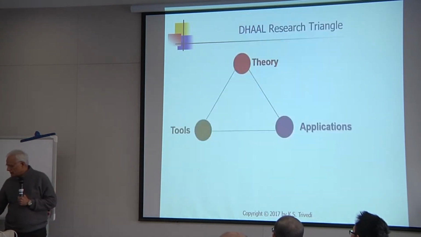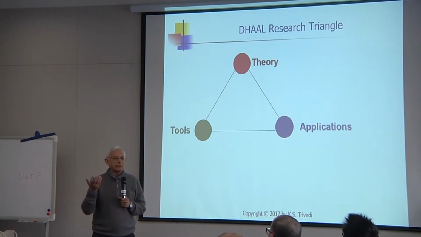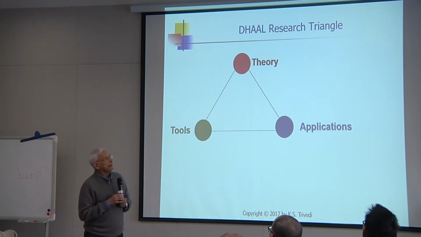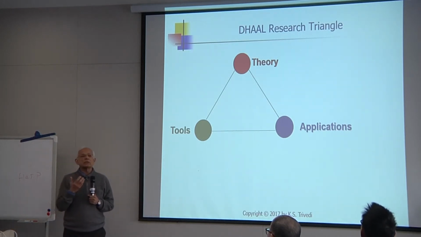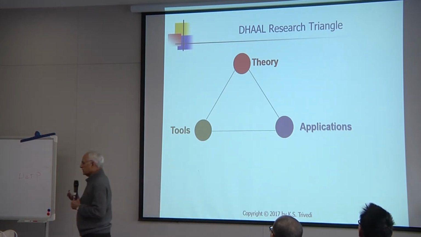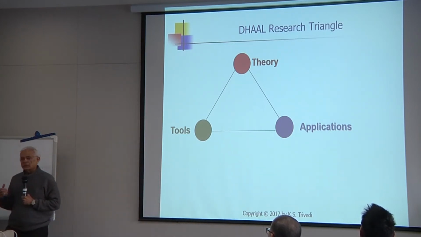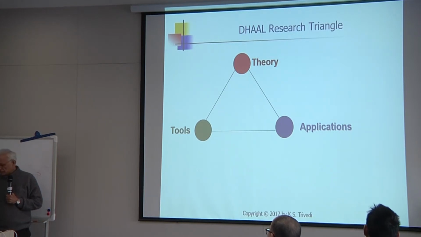So I could call this either the DAL triangle or the Trivedi triangle, whichever way you want to say. I think of my laboratory's work as composed of three components: theoretical developments, applications of these theoretical developments, and the tools, software packages that people can use for doing reliability, availability, security, performance, etc.